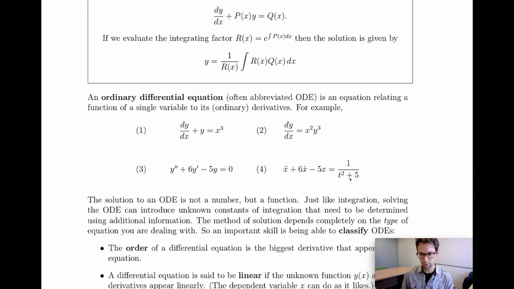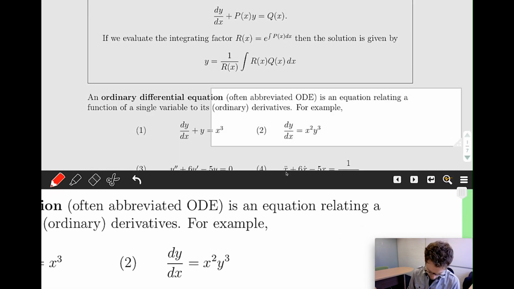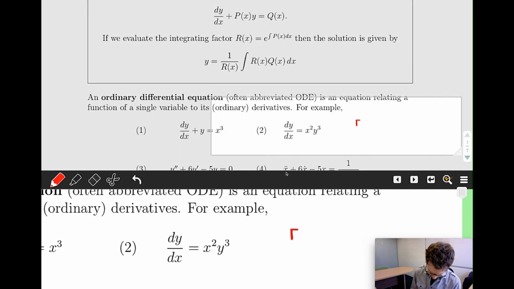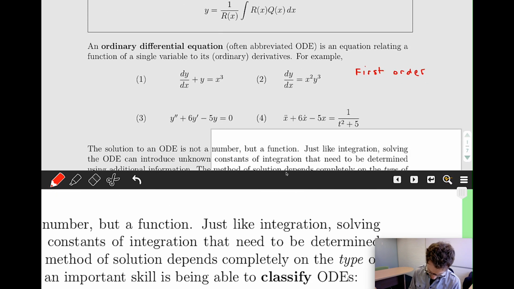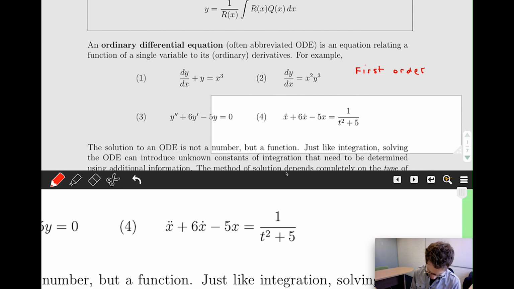Likewise, in example 4, I've got a second derivative, x double dot, that's often used as a symbol for derivative with respect to time. That's a second order derivative, so this is a second order differential equation. So 1 and 2 here are first order, and 3 and 4 are second order.